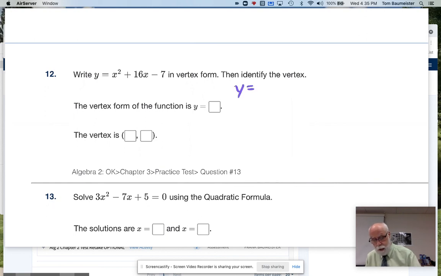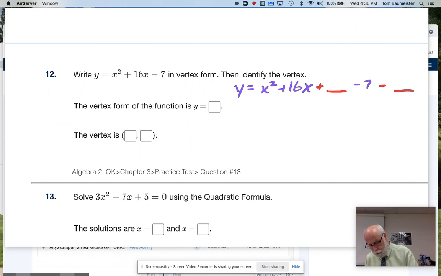So I'm going to have y equals, we're going to do x squared plus 16x. And then I told you to put plus a blank. And then we have our minus 7 there. And I told you, since it's on the same side of the equal sign, we have to put a minus a blank there.